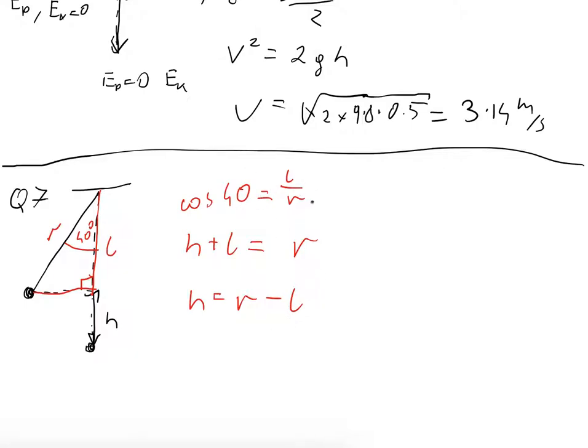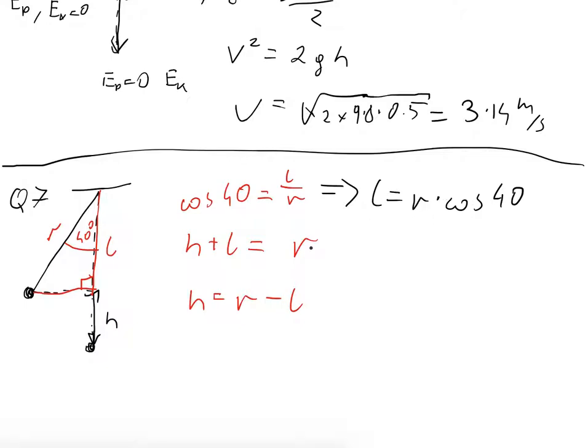But I can discover what L is from this particular identity, because L will be the same as R times cos of 40. So R cos 40, that's my L.